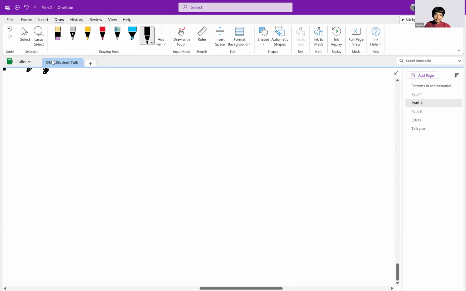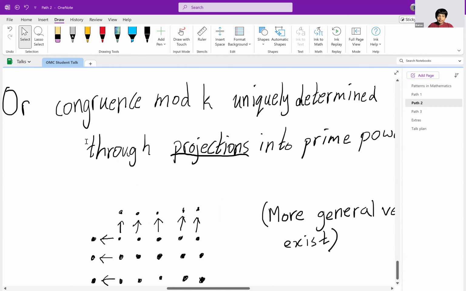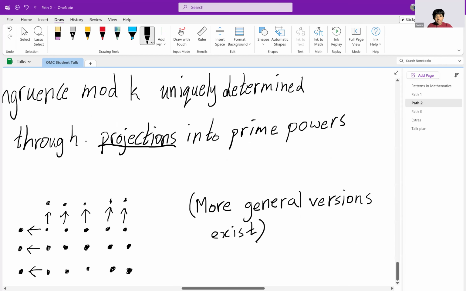So you can in fact get even more general versions of this. If you have different moduli, it's a bit more complicated.